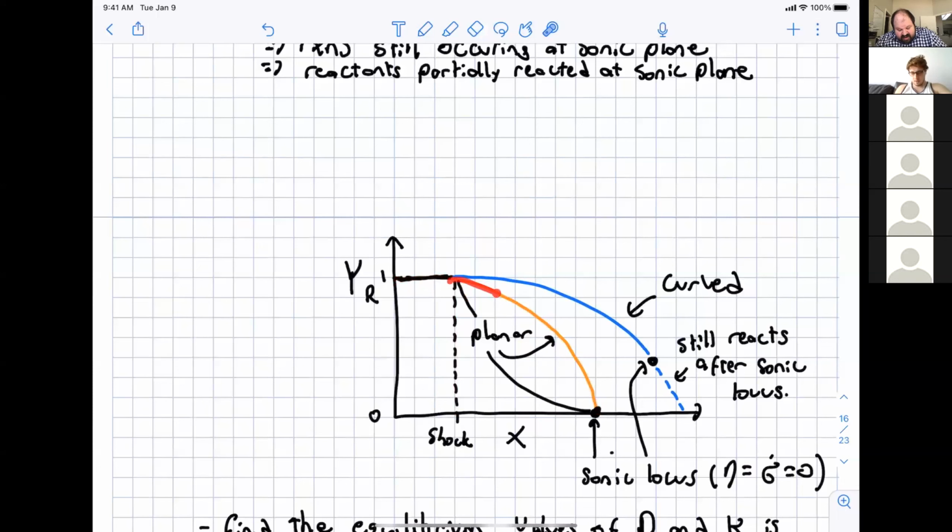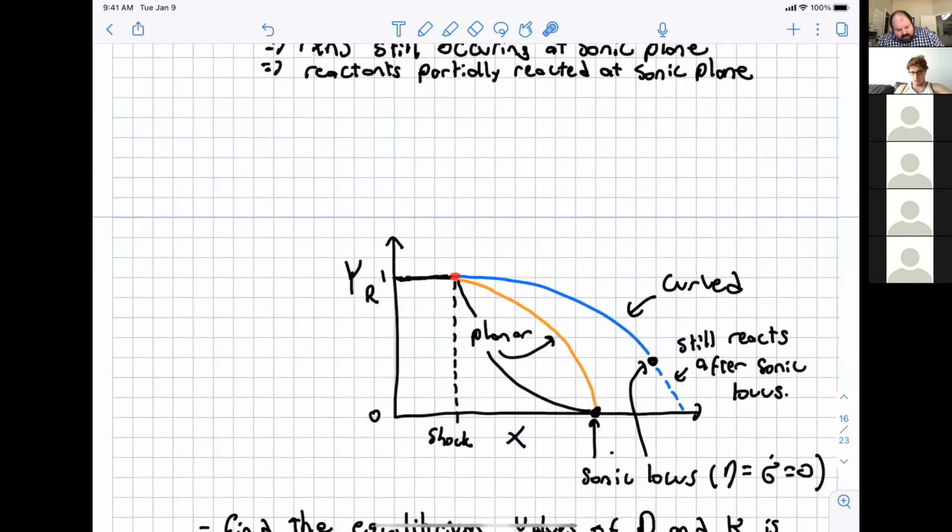But for an explosive, it'll look something like this. And so for a planar detonation, the mass fraction of the reactants will go to exactly 0 at the point where eta is equal to 0. That's just part of how it is.